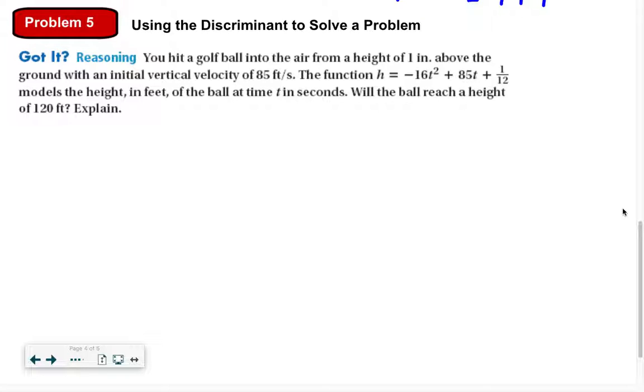Function h equals negative 16t squared plus 85t plus 1/12, and that models the height of the ball at time t in seconds. I want to know if the ball will reach a height of 120 feet. So what I mean by yes no questions, it doesn't ask how high it gets, doesn't ask what time, it just asks will it reach it. So we can simply use the discriminant, okay?